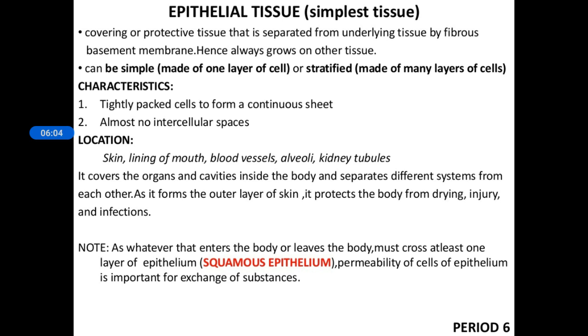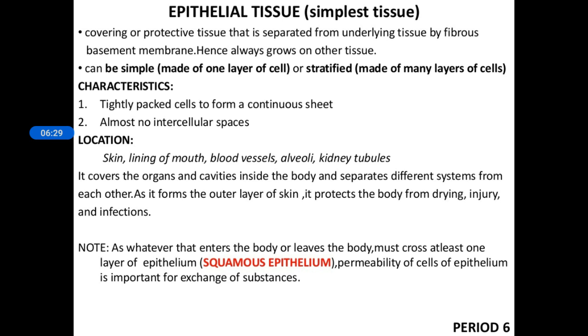That means it mainly gives protection to the body. Epi means outer covering. Whatever enters or leaves the body must cross at least one layer of this epithelium, placed as an outer protective layer. One layer means simple, that is squamous epithelium.